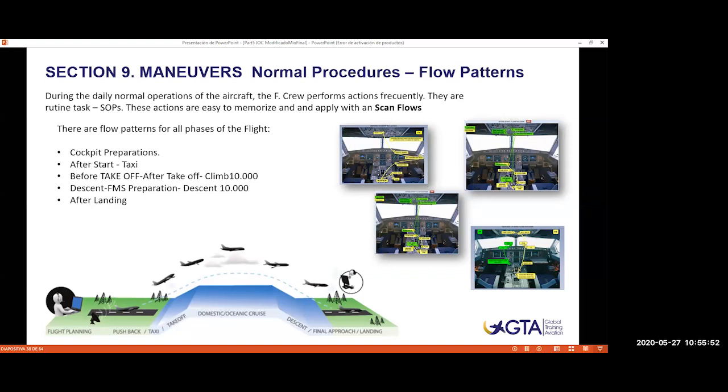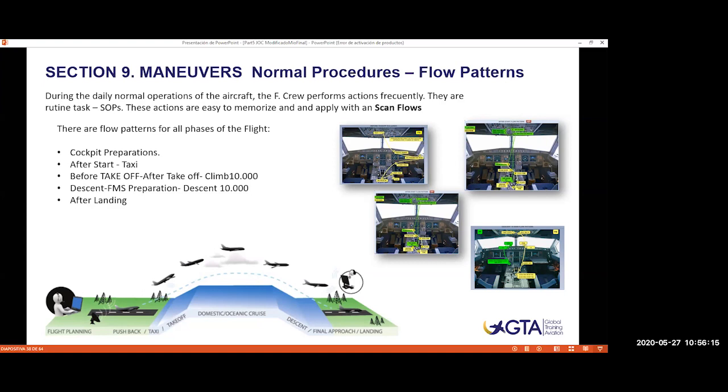How can we define these things? We say that during the normal daily operation of the aircraft, the flight crew performs actions frequently. When you get in your car, you do something every day in the same way. Here it is the same.